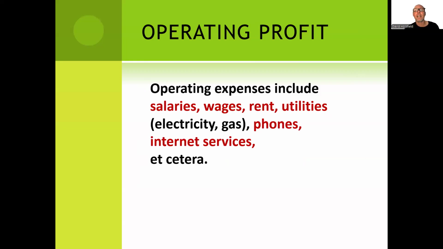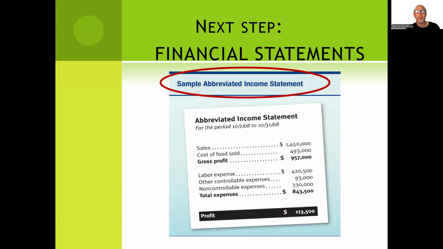It's things like salaries and wages, rent, and utilities, where we wouldn't be using electricity and gas if we weren't doing business. It's the payment of the phone line and the internet service that support the business. If we weren't doing business, we wouldn't have to pay salaries, wages, rent, utilities, phone or internet. Operating profit is what's left over after we pay for all these costs.